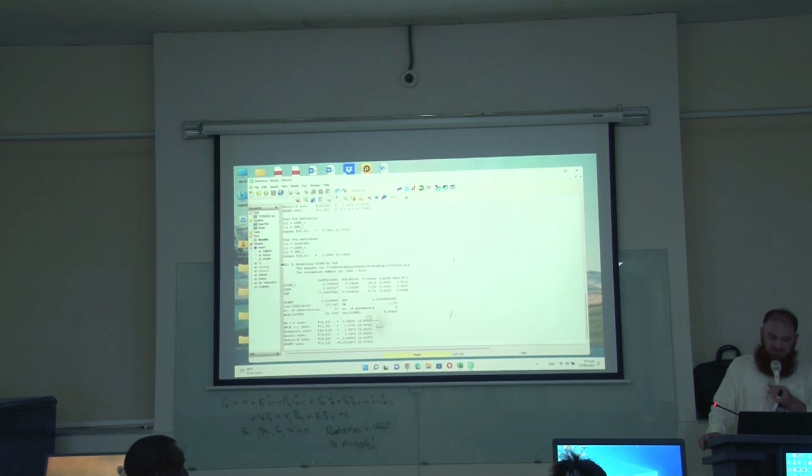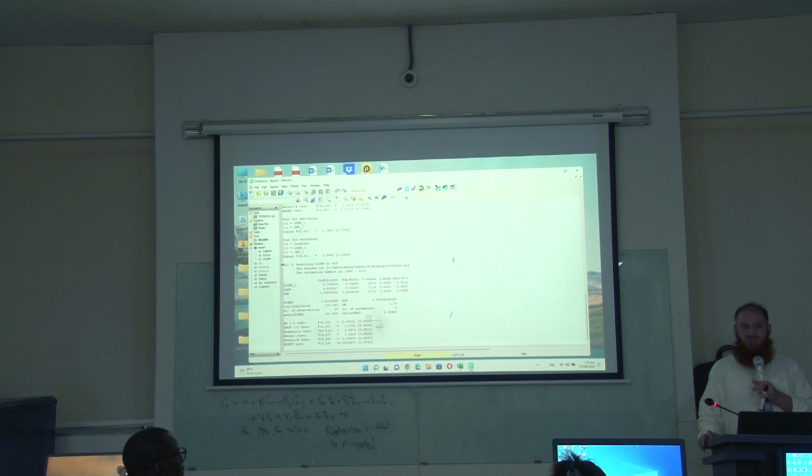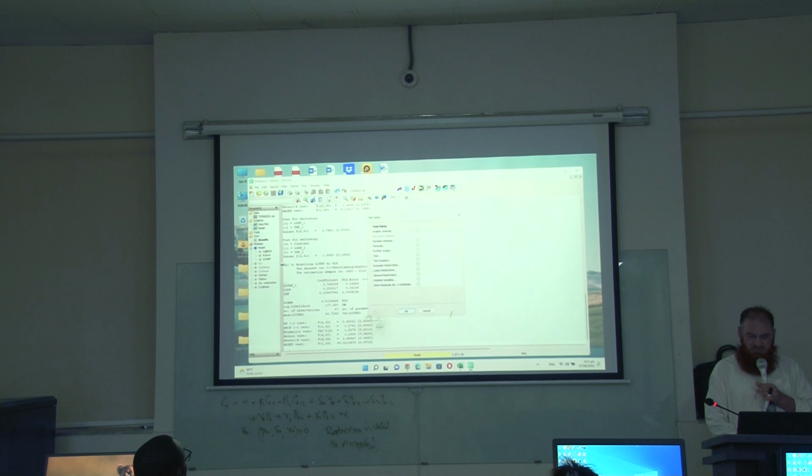Right? And there is one more thing which can be calculated out of this model, and that is called static long-run solution. Mubinsa was asking about the long-run relationship. The long-run relationship can be calculated now out of this model. How? Basically what you can do is go to test and then dynamic analysis and then static long-run solution.